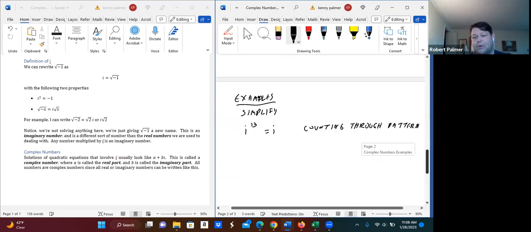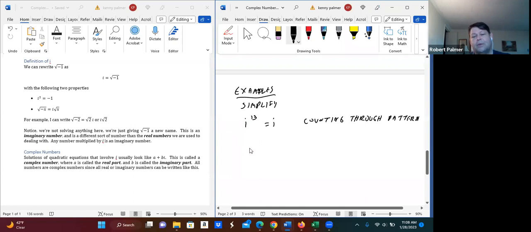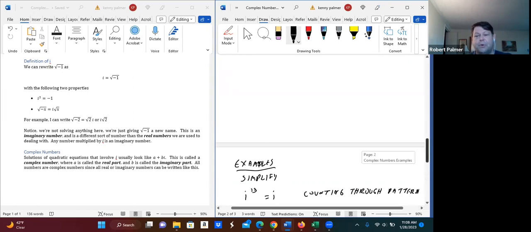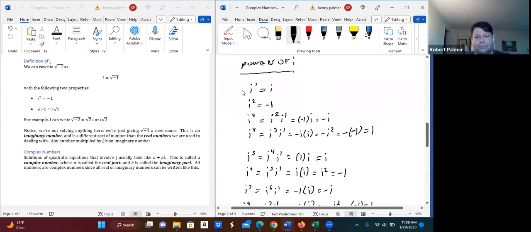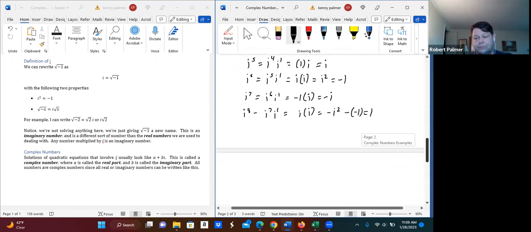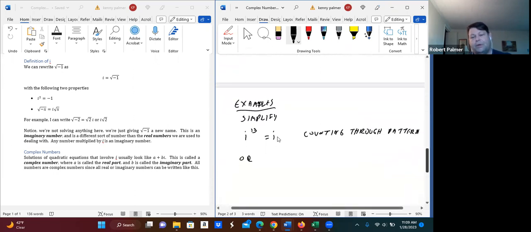Okay, now let's do another way. Let's take a look at our exponent. So remember, the pattern goes through the first 4 powers of i. What I think about is that we're going to divide our exponent 13 by 4.